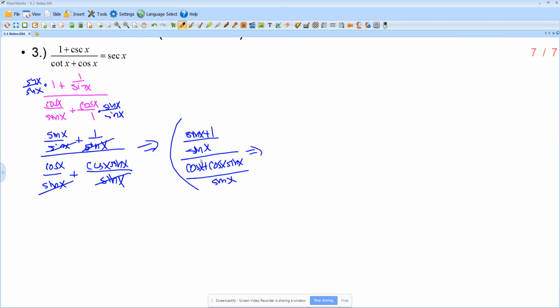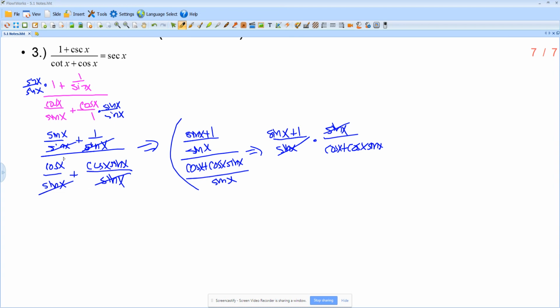When you're dividing by a fraction, you multiply by the reciprocal. So this would become sine x plus 1 over sine x times sine x over cosine x plus cosine x sine x. And those sine x's would cancel.